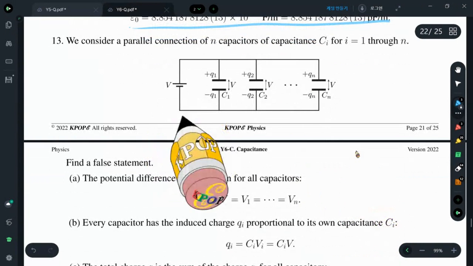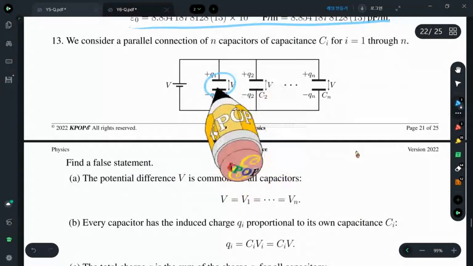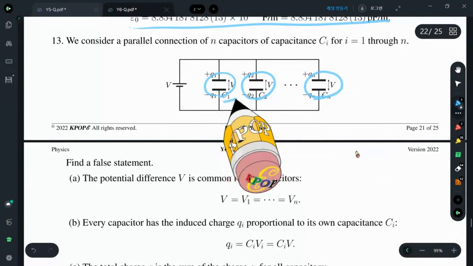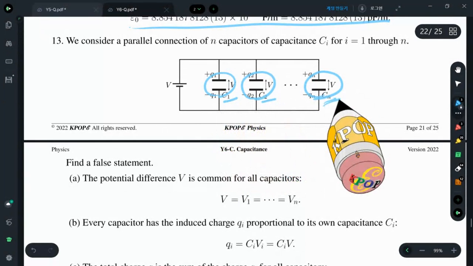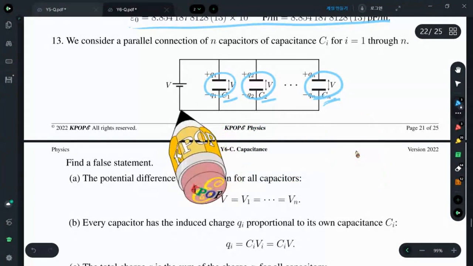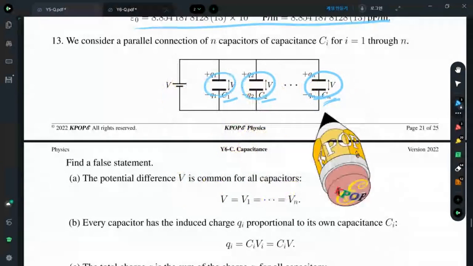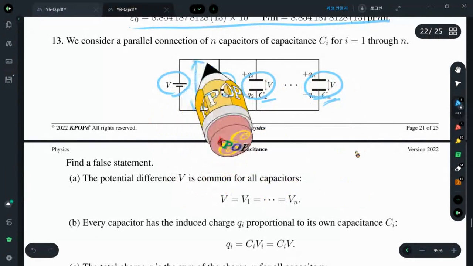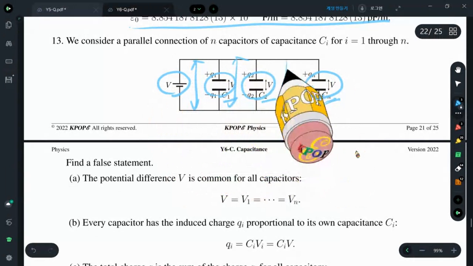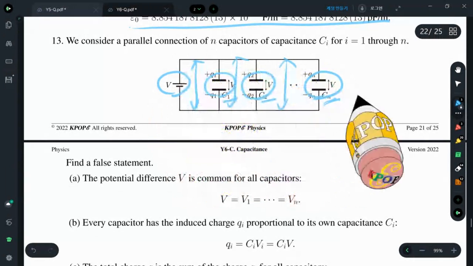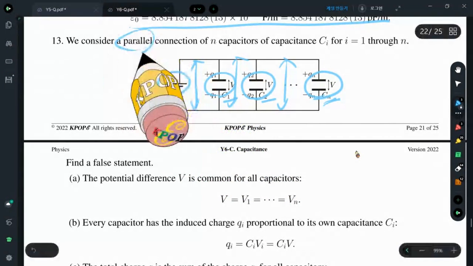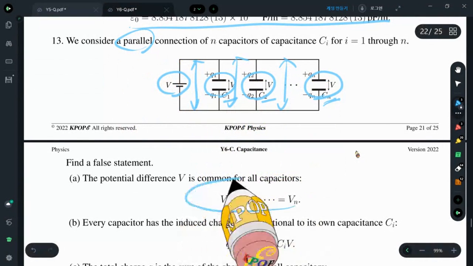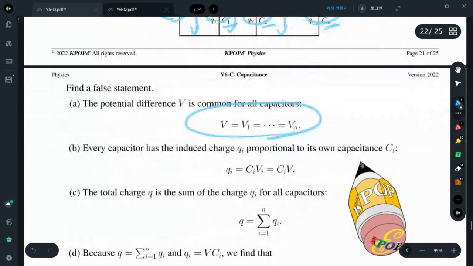In a circuit, you can connect a series of capacitors with different capacitances. As long as the circuit is in parallel, the potential difference must be the same everywhere in the parallel connection. So this is invariant.